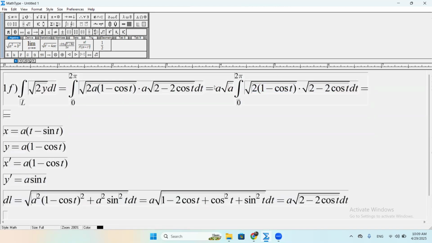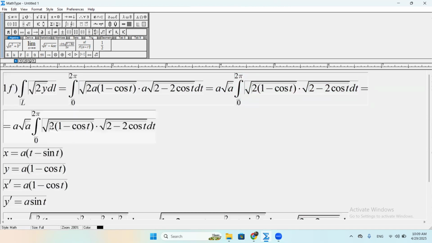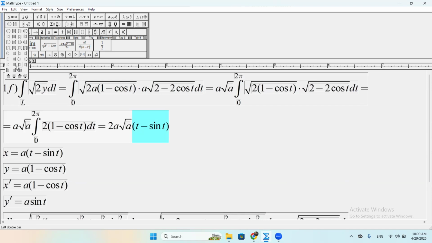So we have a rational integral. We will integrate the following expression. Everything is quite easy. So what do we have? 2a square root of a multiplied by t minus sine of t, from 0 to 2p.